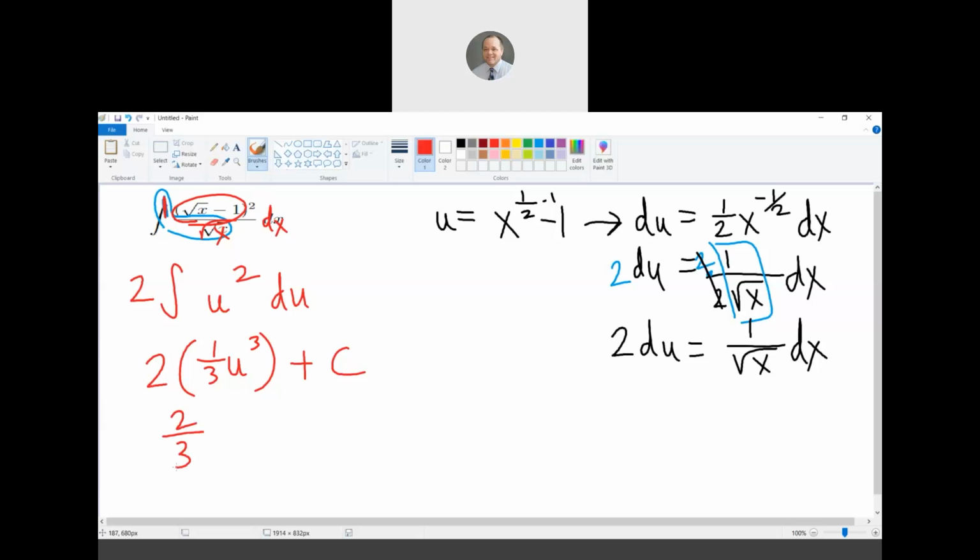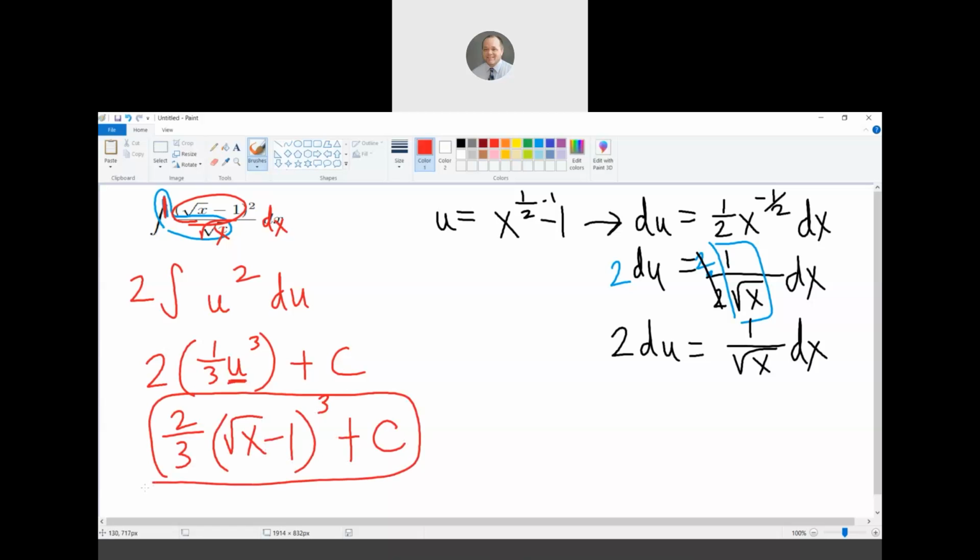Since our answer has to be in terms of x, back substitute what u was, I'm so sorry. So u was originally square root of x minus 1, cubed. And don't forget your plus c. Are there any questions about this problem or substitution in general?